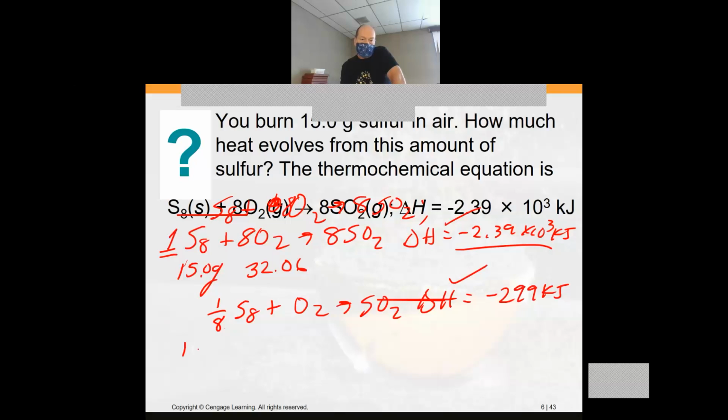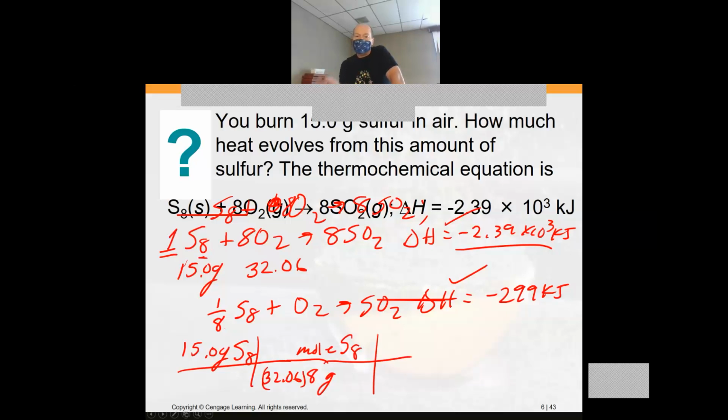So I can take my 15.0 grams of S8, and then I have to divide by the molar mass, which is 32.06 times 8 grams per mole, because there are 8 S's in S8. That's moles of S8. It doesn't matter which one you use.